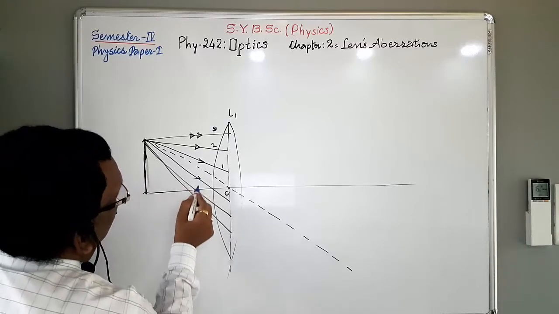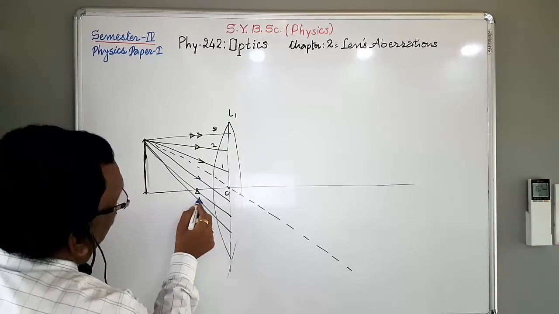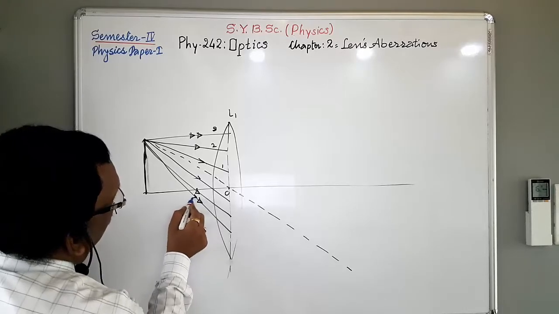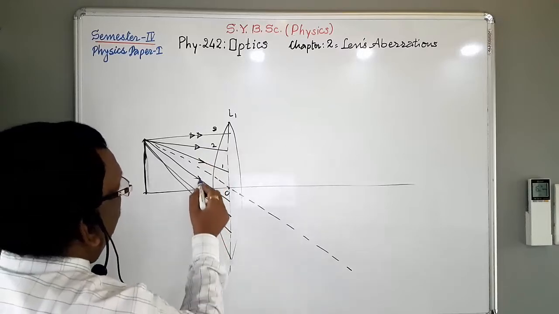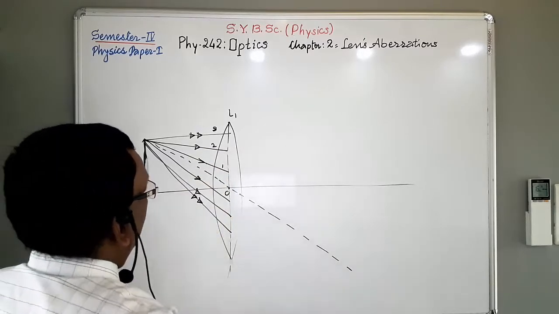Again, same type of rays. This ray and this ray are of a similar type. This ray and this ray are of a similar type, and this ray and this ray are of a similar type.